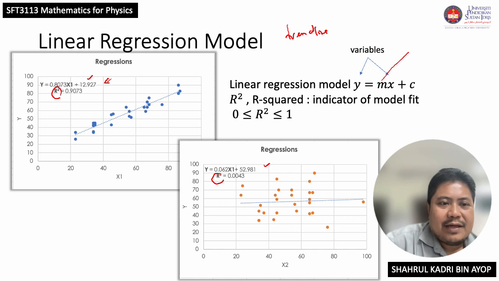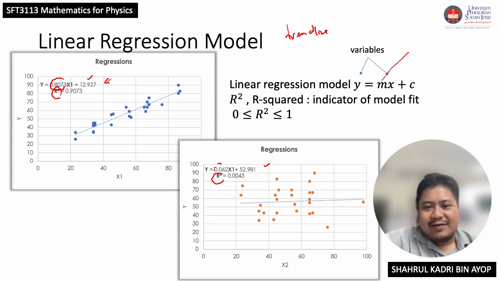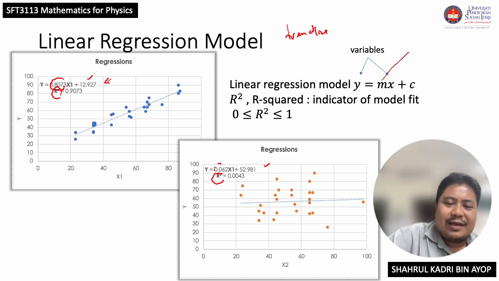Okay, so from here we can read that the slope is 0.87, and this one is 0.06. So it is really flat. And then we can say the relationship between y and x is really weak compared to here.